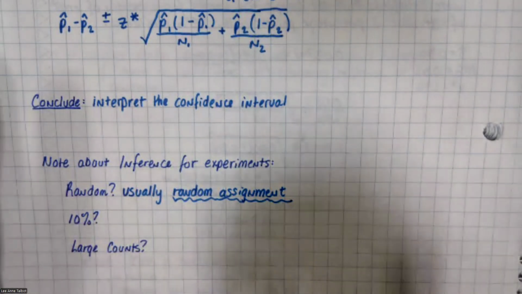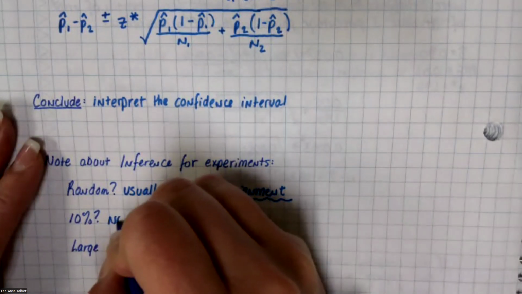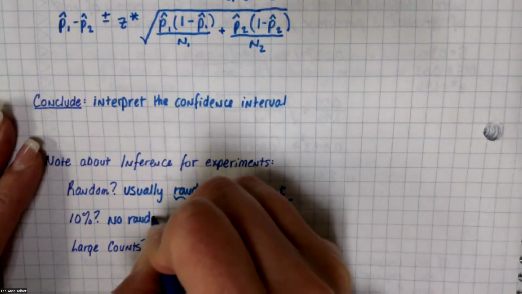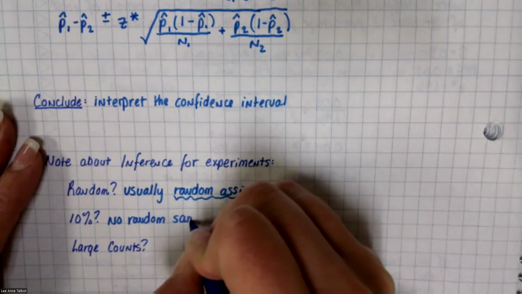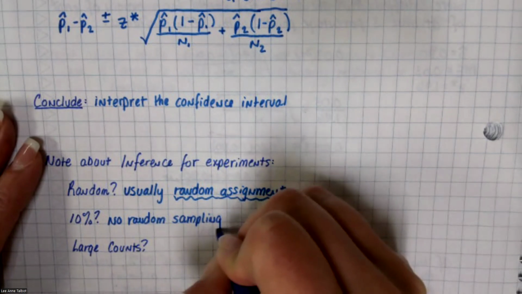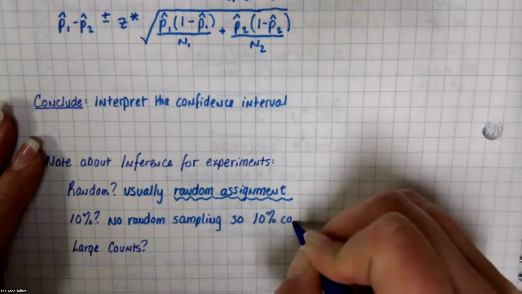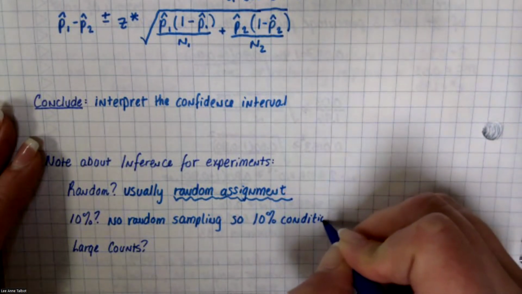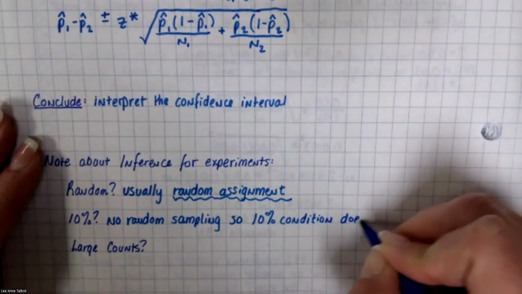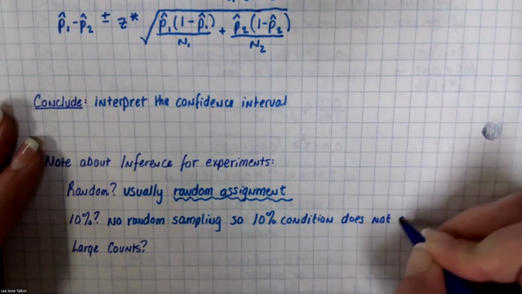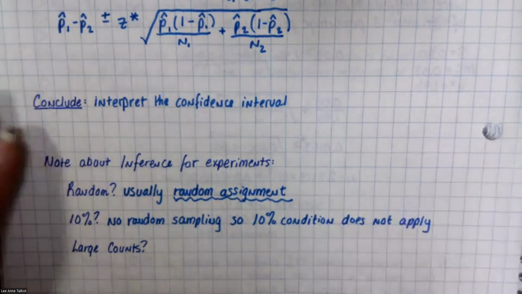But just because this is notes, we're going to say no random sampling, so 10% condition does not apply.